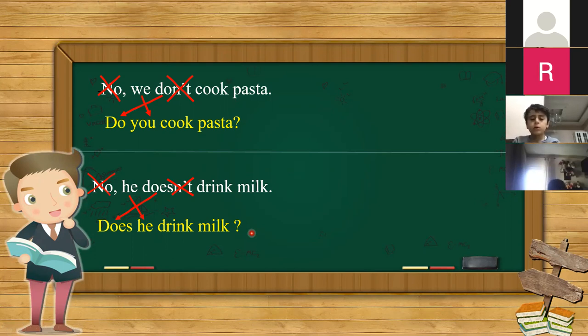This is how to form a question in the present simple tense, when the answer is yes and when the answer is no. Is it clear? Do you have any problems in forming questions?